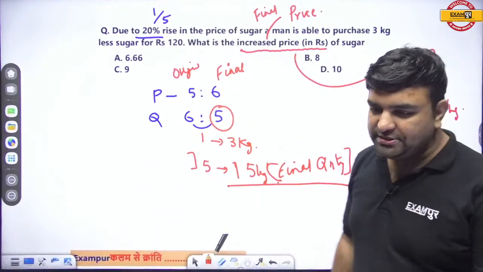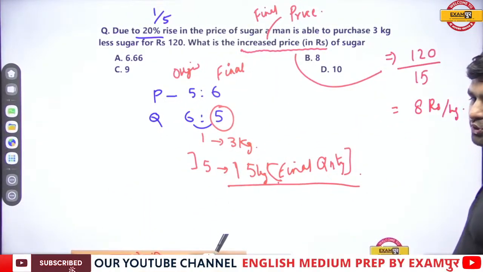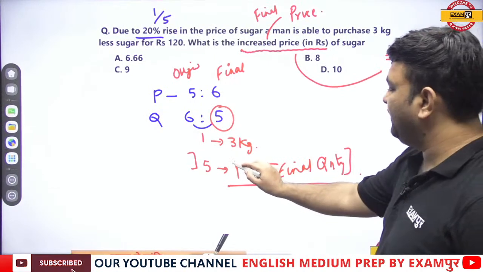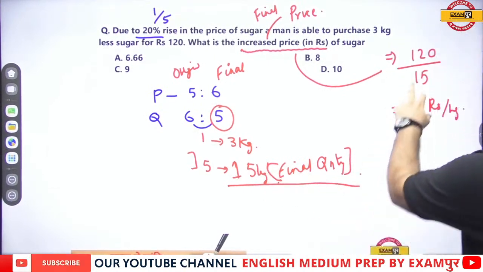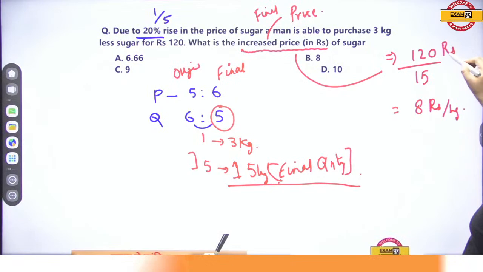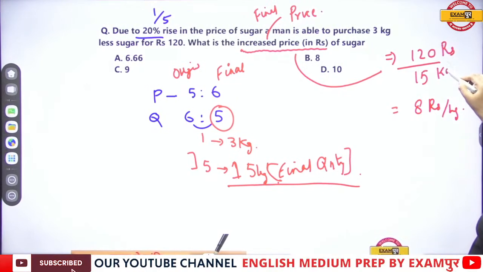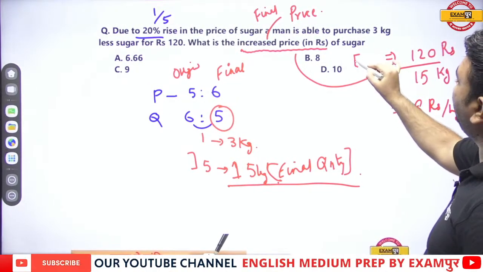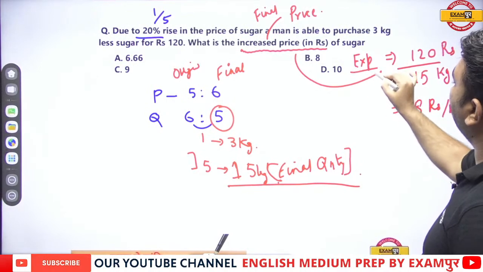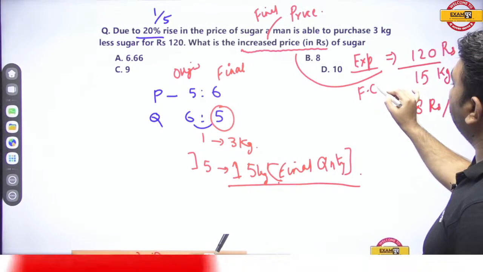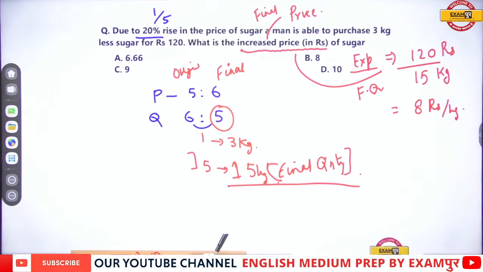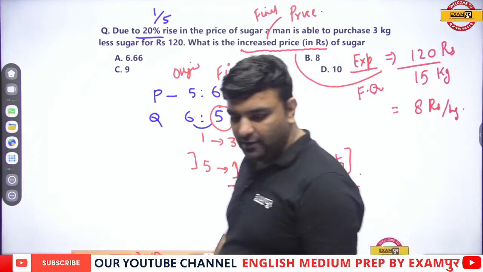Okay, so please understand, guys, what errors you have made. The final quantity is 15 kg. 120 rupees is the expenditure and 15 kg is the final quantity. You can write expenditure over final quantity. So 8 rupees per kg is the final price.